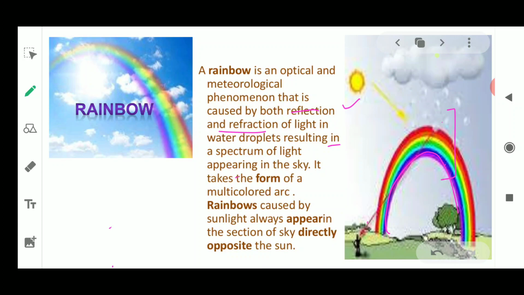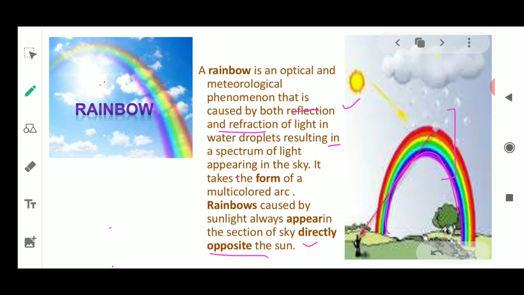A rainbow always appears in the section of the sky directly opposite to the sun. If the sun is shining in the east direction, the rainbow will be formed in the west direction.